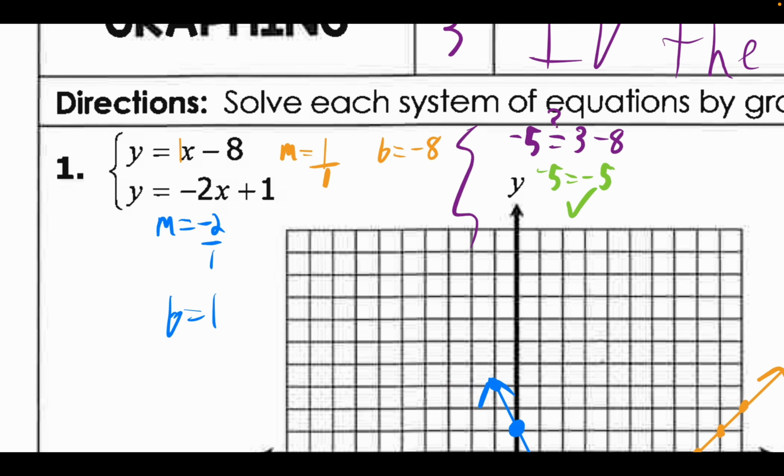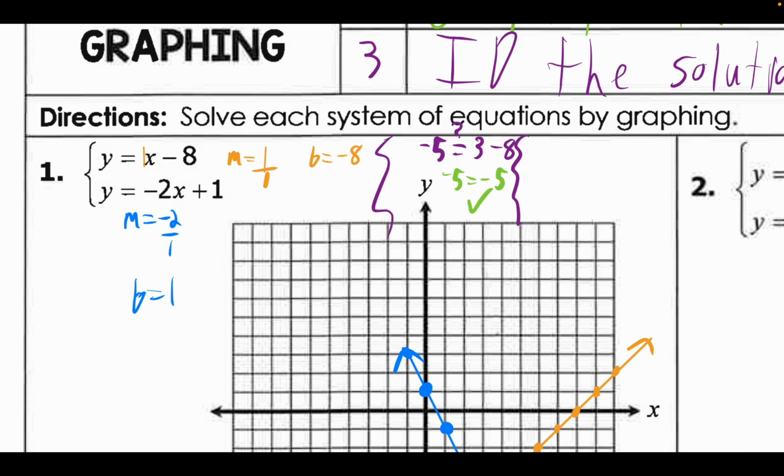However, since it's a system of two equations, not just a singular equation, I have to verify that it works for both equations. And so I plug it into y equals -2x plus 1 as well, and I get -5 equals -2 times 3 plus 1.